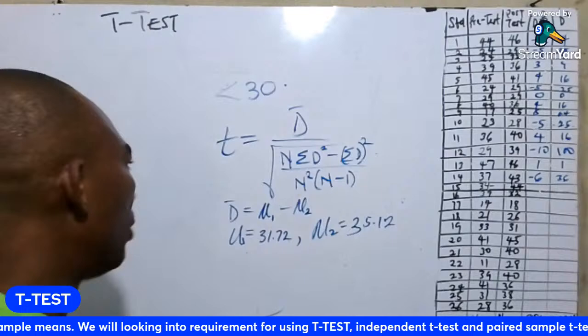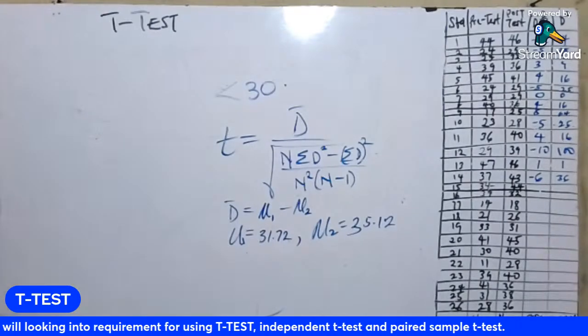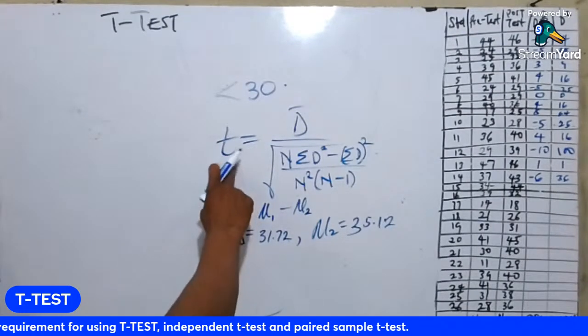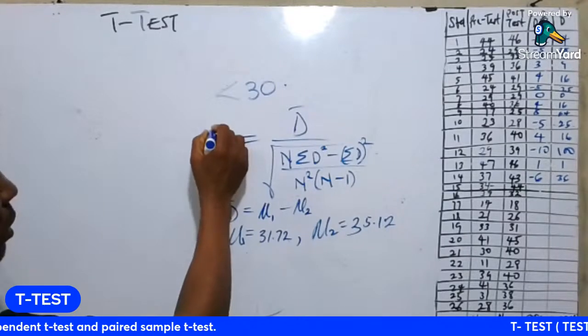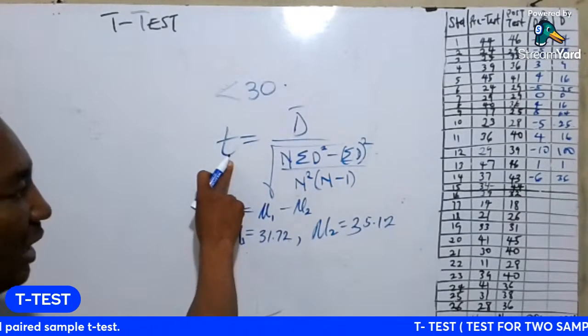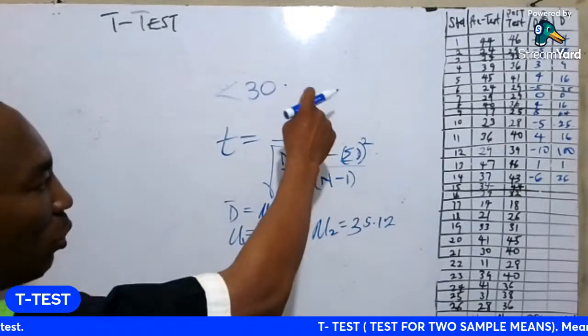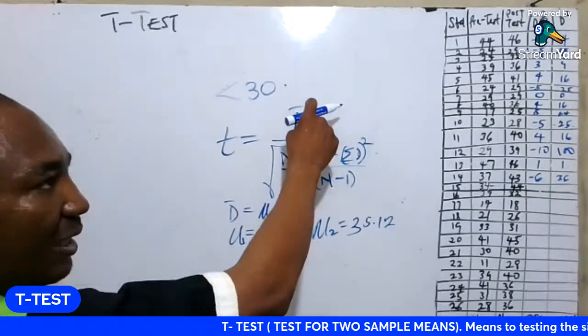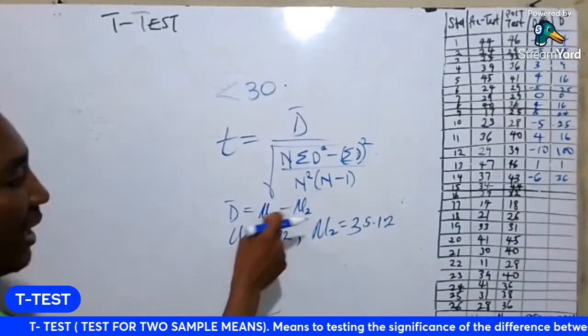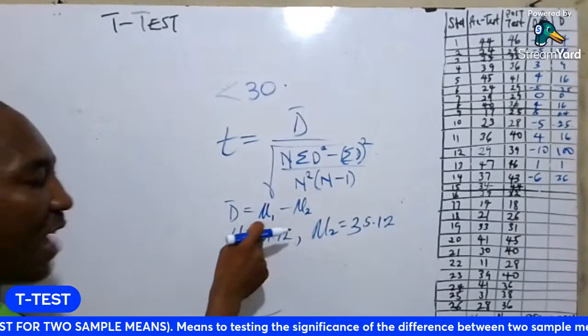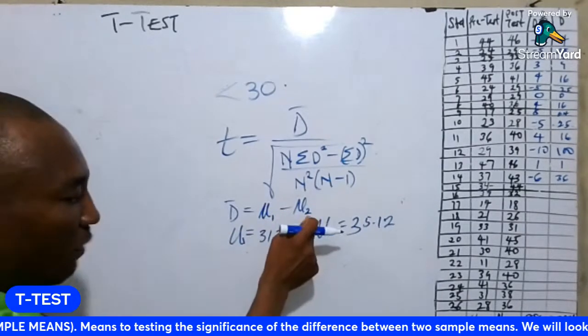So I can now come back to the formula. So what did the formula say? The formula said the calculated t-test value is equal to the d bar. The d bar simply means the mean of the first group minus the mean of the second group.